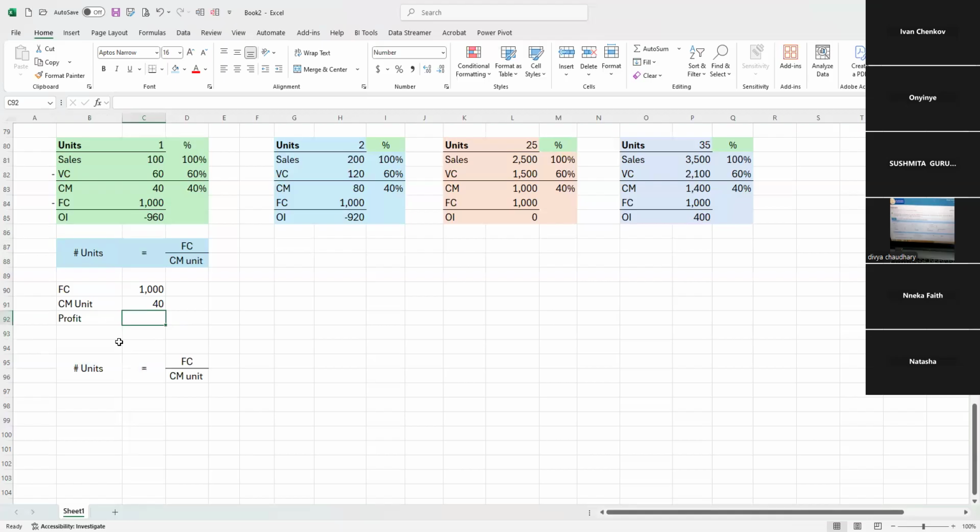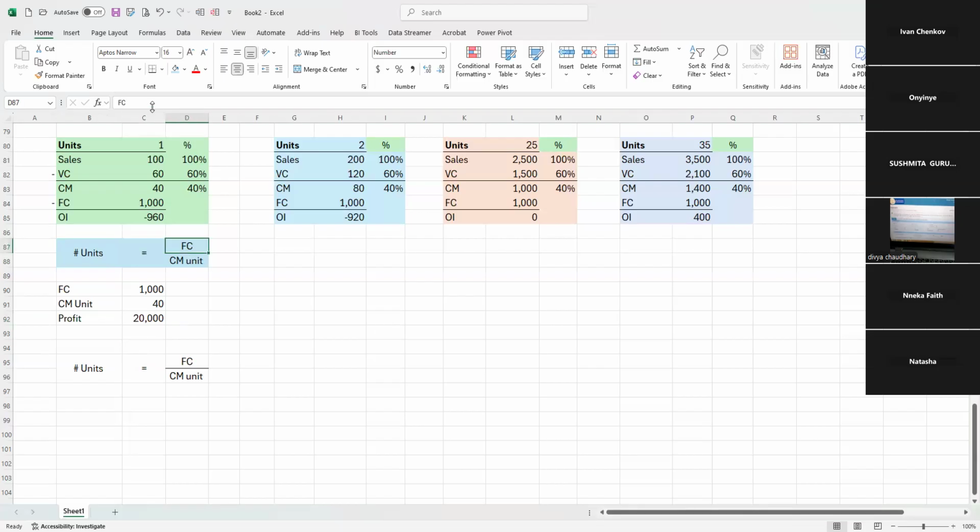So how much profit do you want, from 10 to 20,000? 20,000. So we want a profit of 20,000. What shall we do? Well, it's very simple.